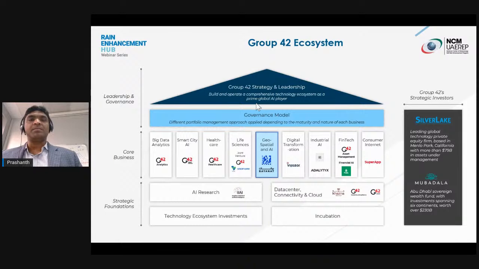The G42 cloud computing environment is the largest in this region, with data centers that will be up to 200 megawatt cloud in the coming months. We have two primary investors, Silver Lake, a US-based global technology equity firm, and then Mubadala locally, who also has invested in G42.